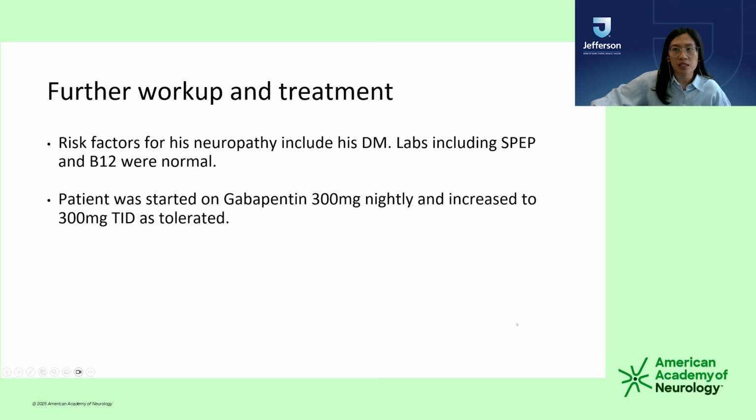We didn't feel the need to send other labs because he doesn't have any red flags, it's slowly progressive, with a pretty mild exam. But because the symptoms were bothering him, we started him on gabapentin, and instructed him to increase this as tolerated. So that's our first case of a milder axonal polyneuropathy, very commonly seen in clinic.